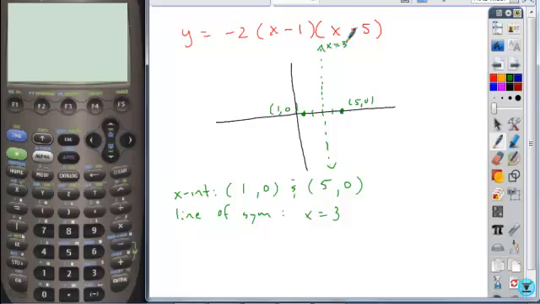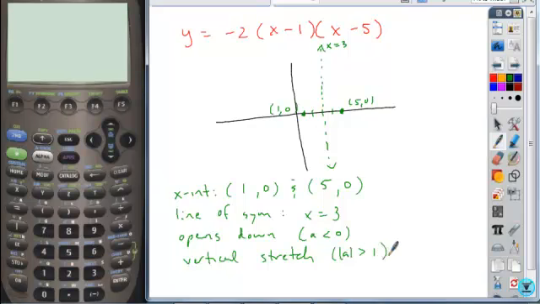Is your graph going to open up or down? Down. It's a negative, so it's going to open down. Okay, so A is less than 0. And if you were just to sketch what you have right here, we can also see, is this going to be steeper or more narrow? It's going to have a vertical stretch. The absolute value of A is greater than 1.